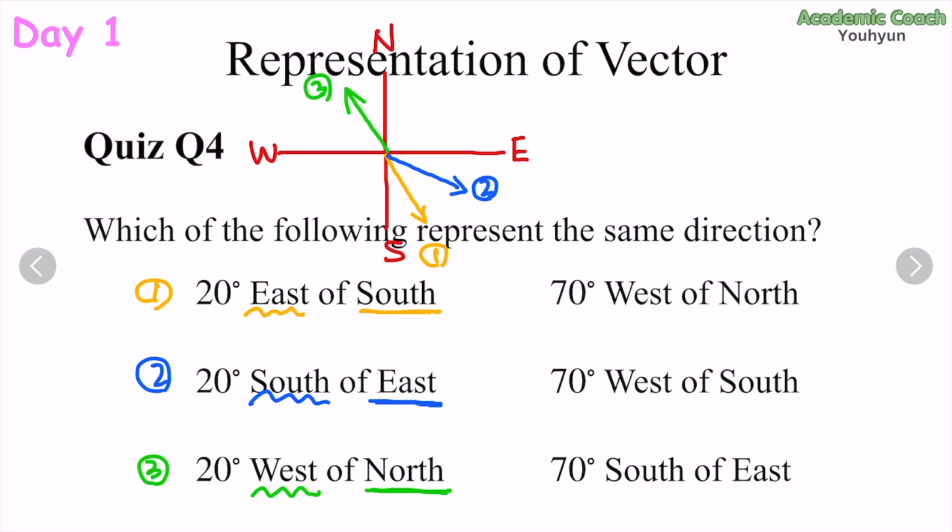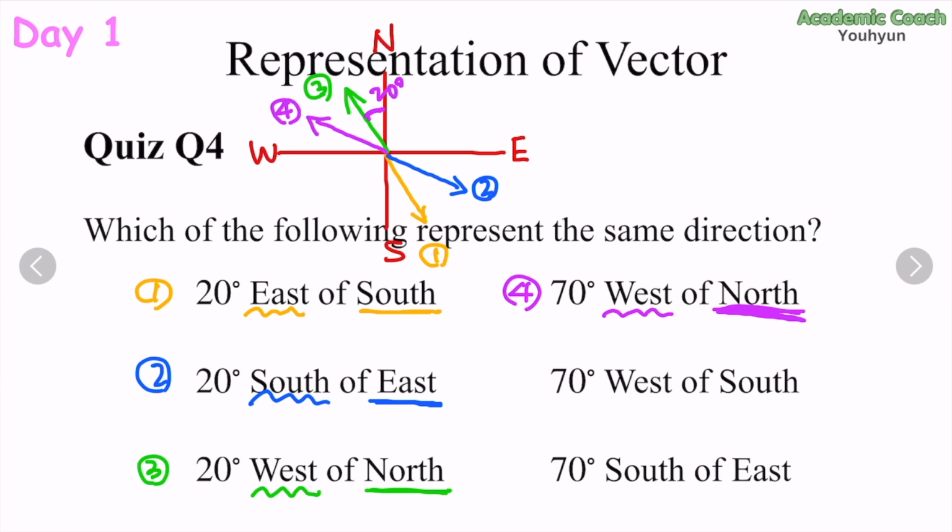And the next one, direction number 4, that's 70 degree west of north. Again, that will be pointing north first and move towards west by 70 degrees. So remember this was 20 degree. So this time I need to move by 70 degree instead, which will be way, way more towards west. So this is direction number 4.